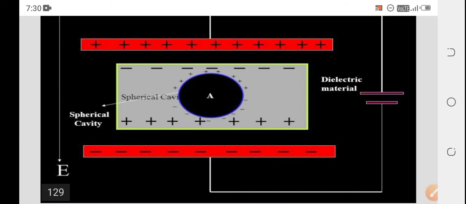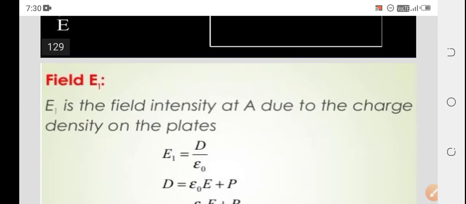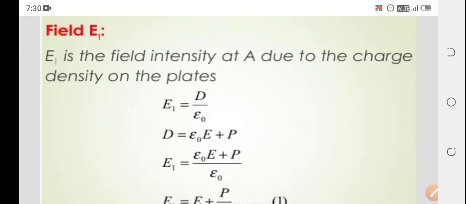Between these, a spherical cavity of atom is present. So here, what will happen at the field E1? E1 is the electric field intensity at A due to the charge density on the plates.